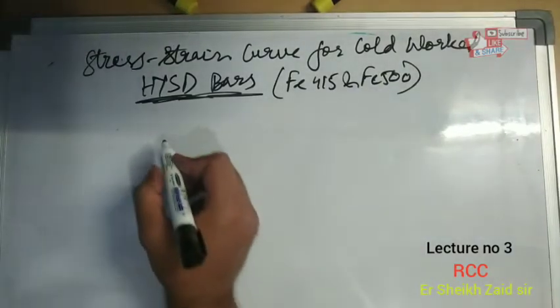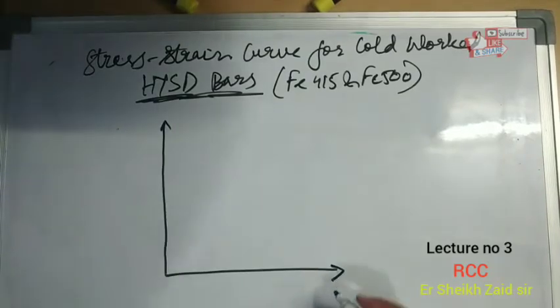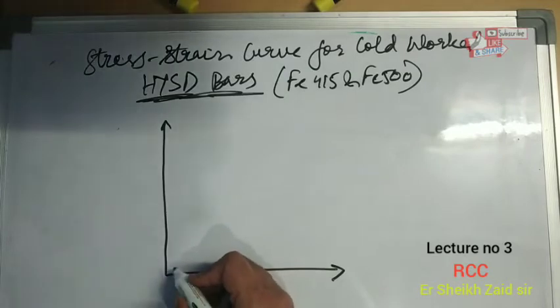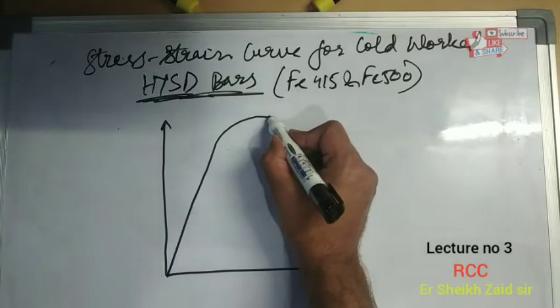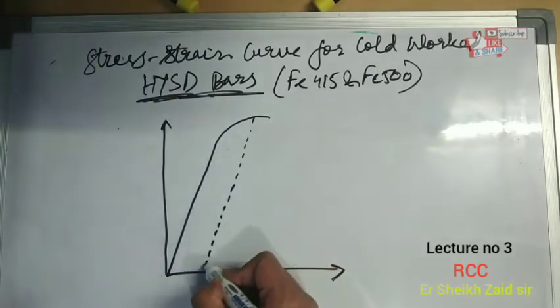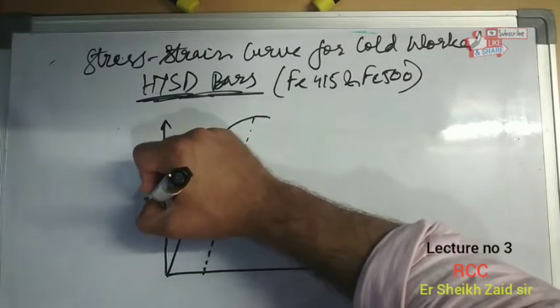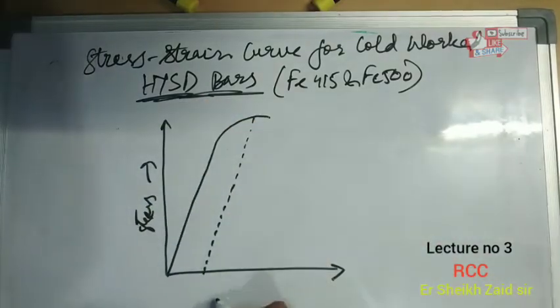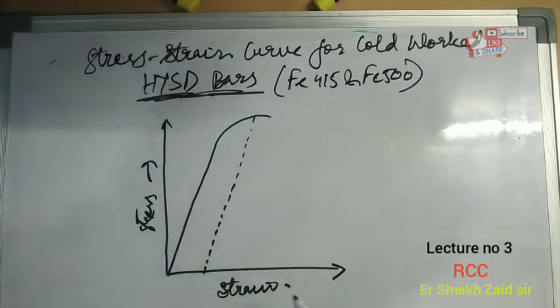So the stress strain curve comes out to be like this. This axis shows your stress and this axis shows your strain. So this is the stress strain relationship for cold worked HYSD bars.